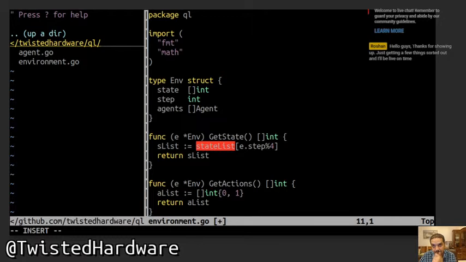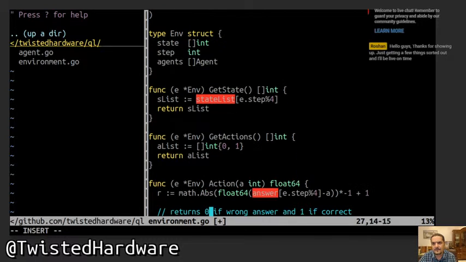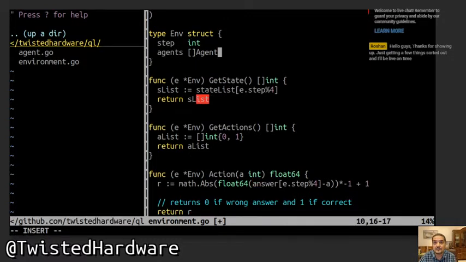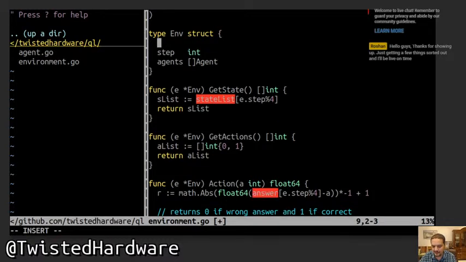I don't know about state. I don't think I have a state anymore, so I think I can get rid of this one also, and I have my agent. So get state will read something in here, so I guess I can put inside my environment a list of states.